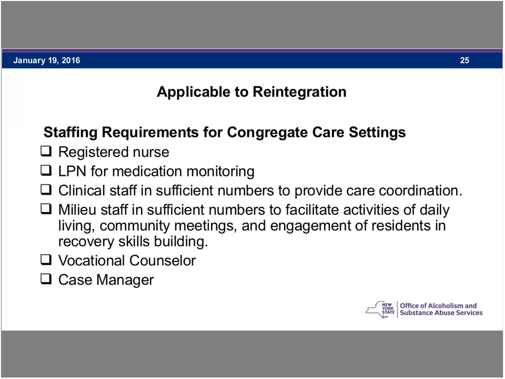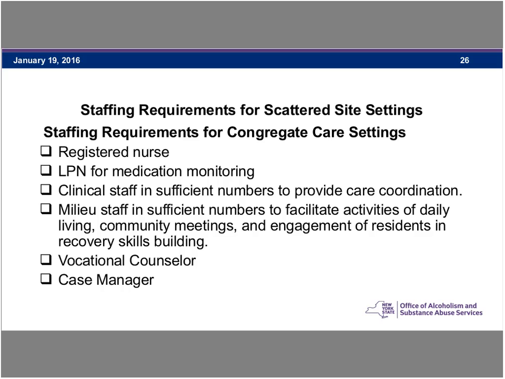The staffing requirements for congregate care settings is a registered nurse, LPN for medication monitoring, clinical staff in sufficient numbers to provide care coordination, milieu staff in sufficient numbers to facilitate activities of daily living, community meetings, and engagement of residents in recovery skills building, vocational counselor, and case manager. Remember, there is an ability to share staff between elements.